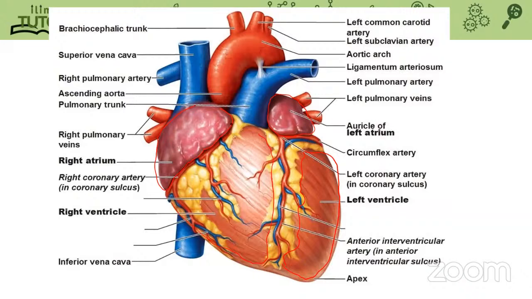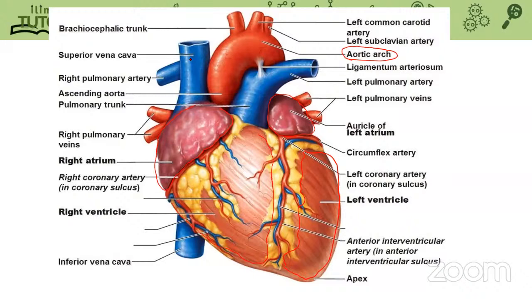If we look on top, we can see arcing above the heart the aorta, or if you like, the aortic arc. And then you can see some of the tributaries or some of the branches arising from the aorta and routing to other parts of the body.